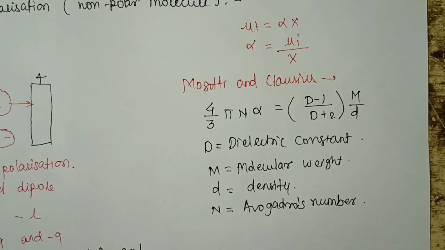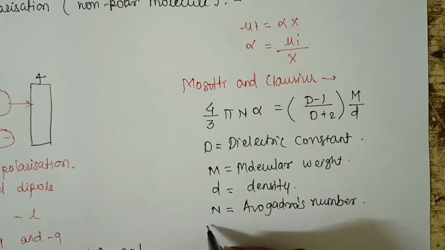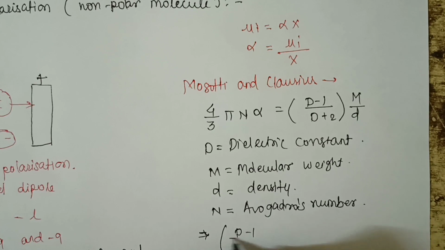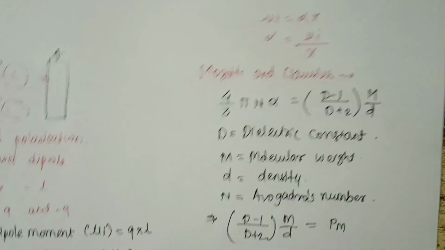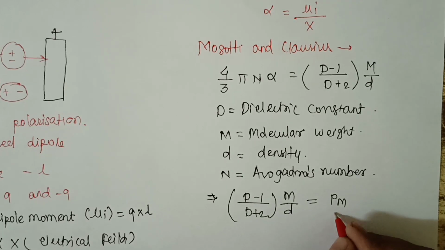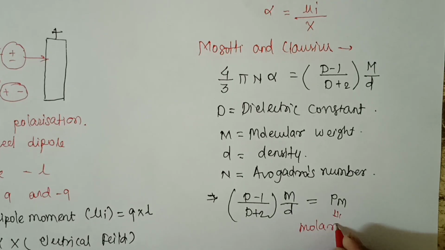So Mosotti and Clausius showed that the polarizability of the molecule depends on the dielectric constant D, and it is given by the expression we have seen already. The quantity (D minus 1)/(D plus 2) times M upon d is known as Pm, the molar polarization, also known as Pi, the induced molar polarization.